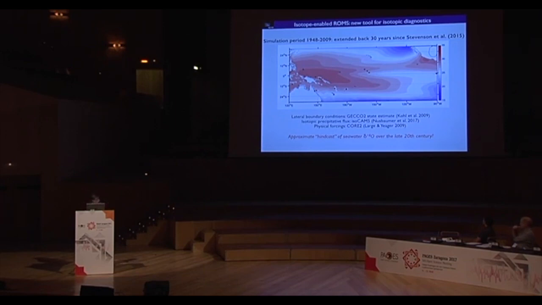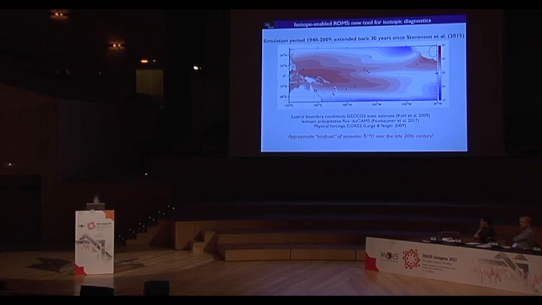So these are the configurations that I used for this particular simulation. You have boundary conditions from an ocean state estimate, precipitative fluxes from the isotope-enabled CAM, this is the atmosphere component of CESM, and physical forcings from the CORE 2 normal year forcing. So this allows us to create an approximation of a hindcast of seawater delta 18O over the late 20th century.